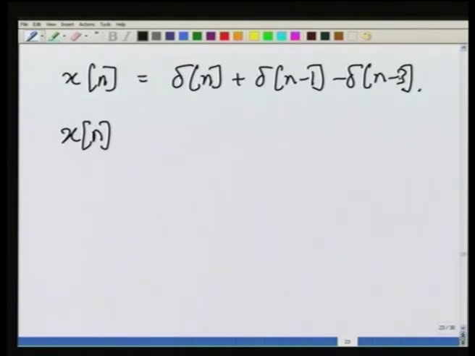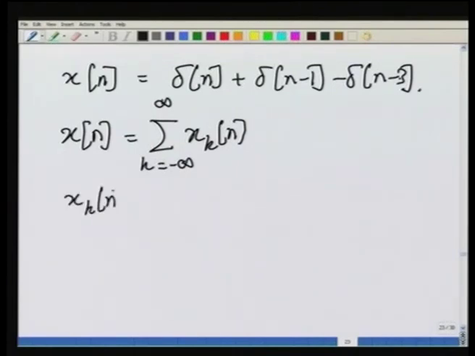So, x n is expressed as a summation of x k n, where k runs from minus infinity to infinity, and x k n equals 0 for n not equal to k, and it is equal to x k for n equal to k.